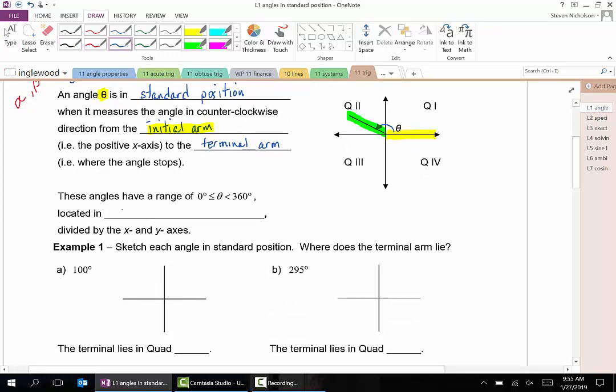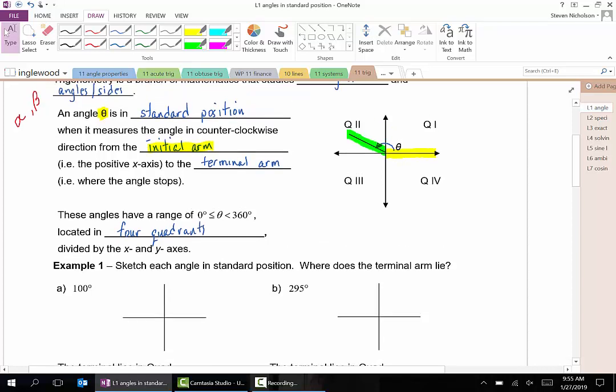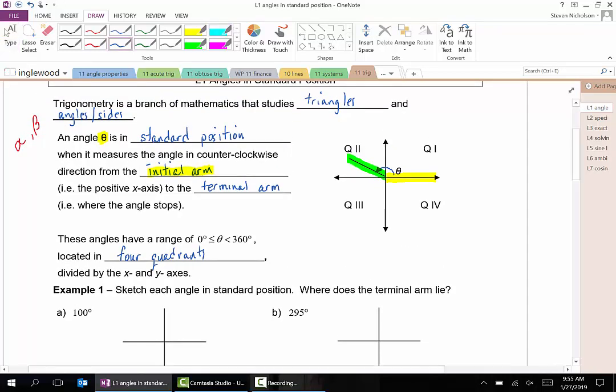And these angles are located in 4 quadrants. So quad meaning 4. And in the picture here, the top left is quadrant 1, and then we go again counterclockwise around. So here's our 4 quadrants, and it's important that you simply know quadrant 1, 2, 3, 4.